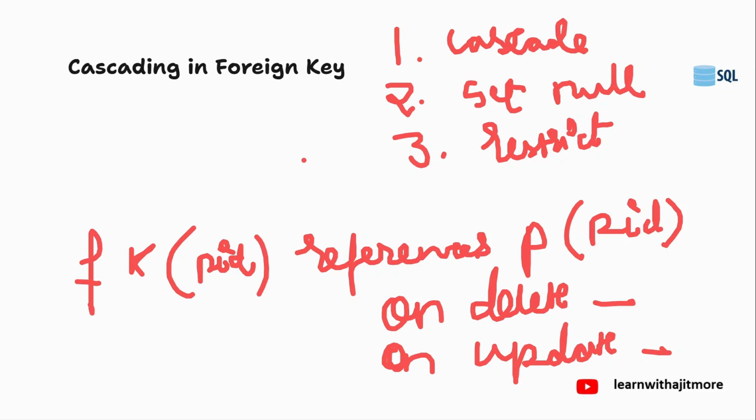Don't worry. But are the cascading rules clear to you? First, that you should understand. Maybe you forget the exact words, but if you have understood conceptually, you can form the sentence and give the answer in the interview. So cascading rules are what? What action to take on the child row when the parent row is deleted or updated.